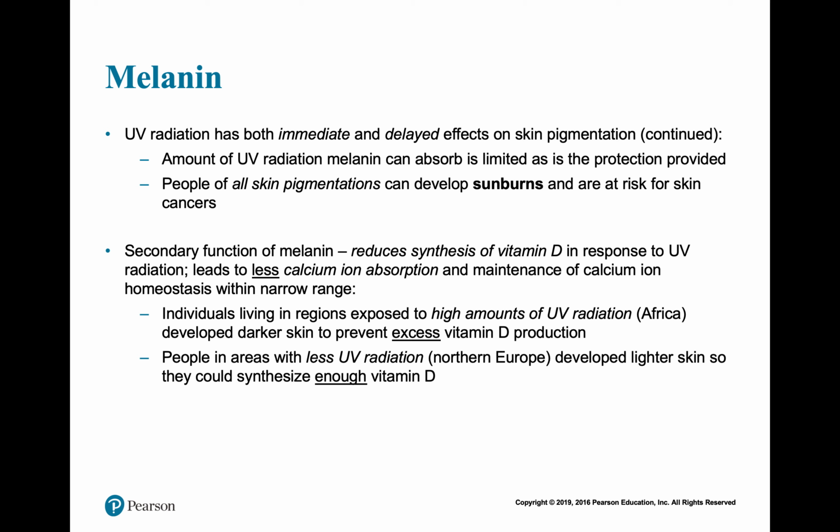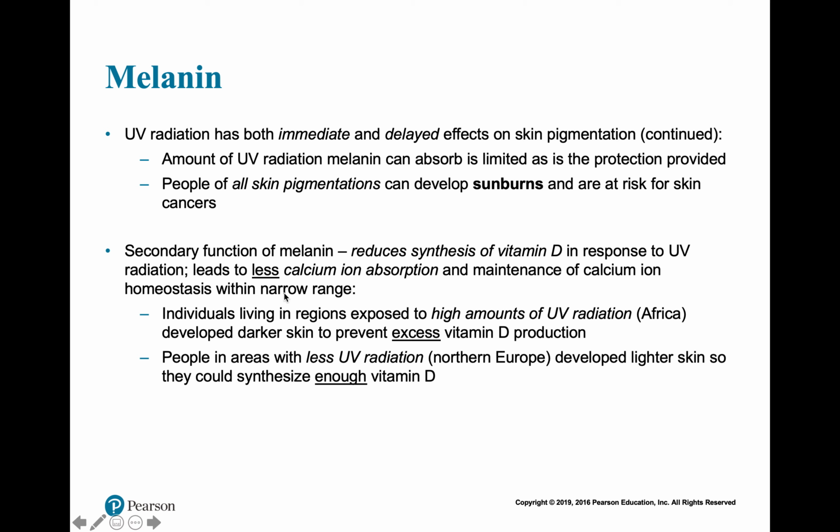And then the long term delayed effect is that UV radiation will actually stimulate melanocytes to produce more melanin. So once you get some sun exposure, your melanocytes will start to produce more melanin, therefore more pigment molecules can absorb UV radiation, become oxidized, and give a tanned skin appearance. Okay, so that gives you a tan skin color.